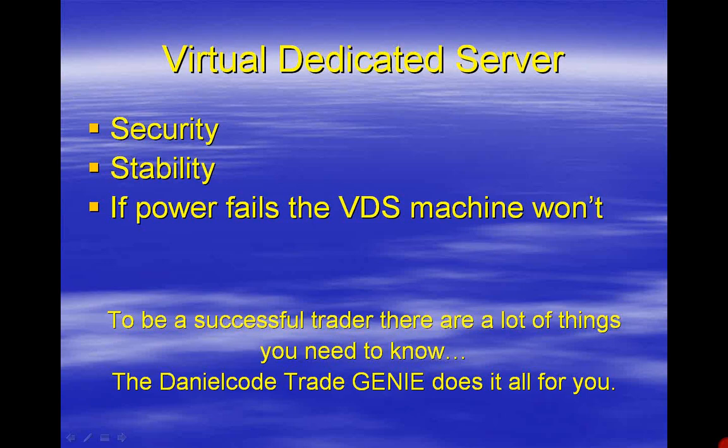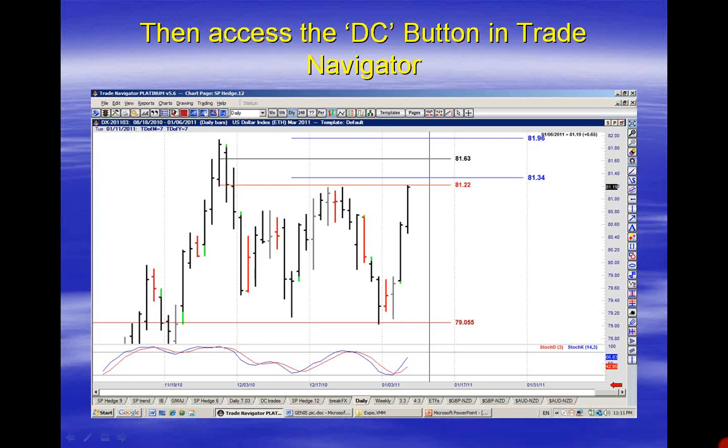So I do strongly recommend to you that you use a virtual personal server unless you are very, very confident of the power supply and internet connections for your own computer.